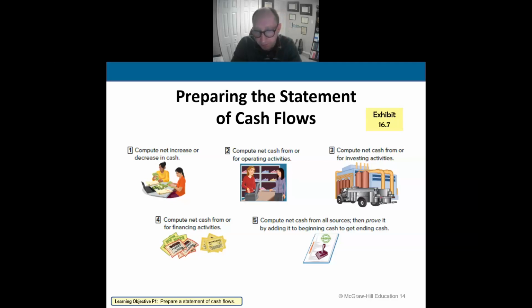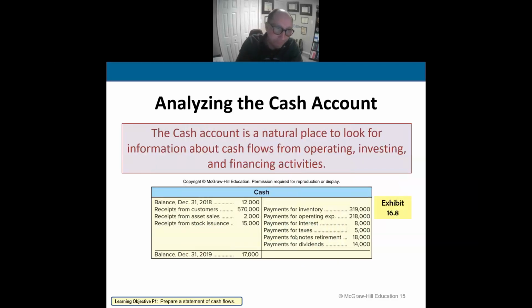And then ultimately we verify everything, that where the cash came from and where it went to is accurate. So it's all about finding the net change, right? That's what the statement of cash flows represents, the change in cash over time. So we look at operating, financing, and investing activities to understand where the changes have taken place.